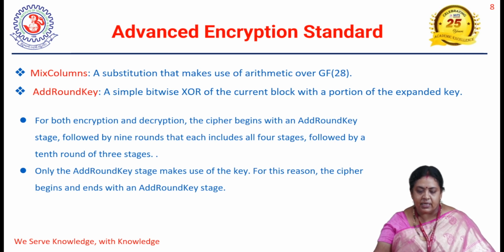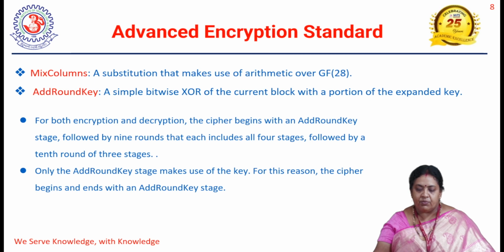In the remaining n minus 1 rounds, we have all 4 stages, but in the last round, the nth round, we have only 3 stages. Mix columns is not available in the last round. For example, if the key size is 128 bits, then we have 10 rounds, and we have one pre-round transformation.